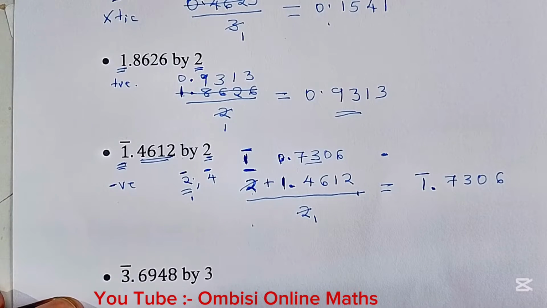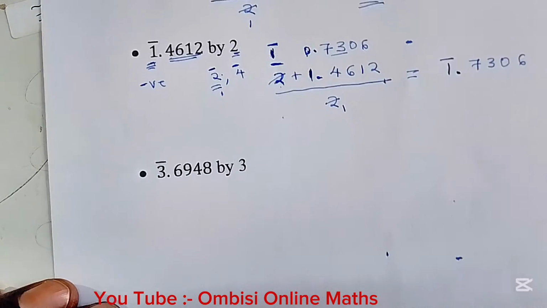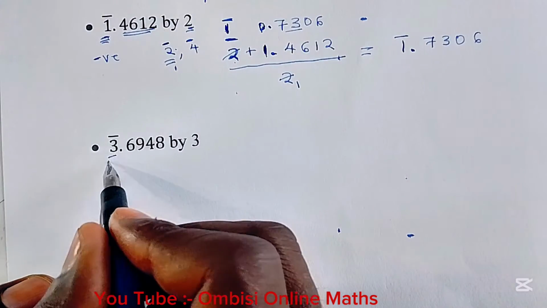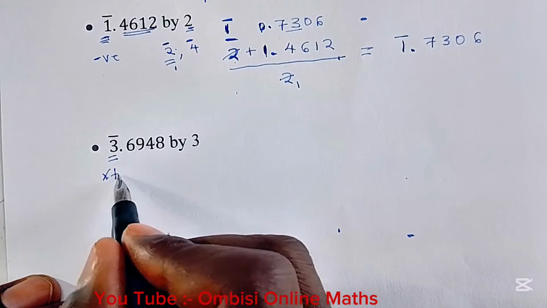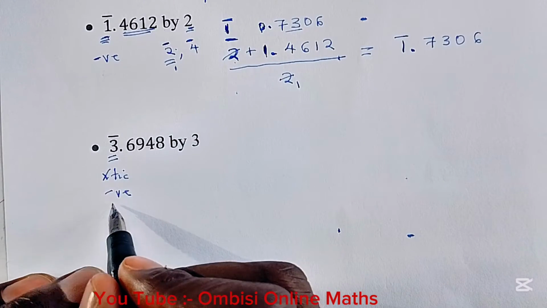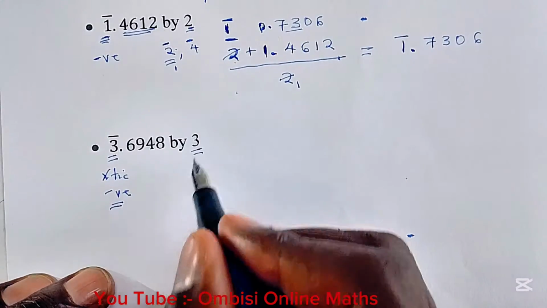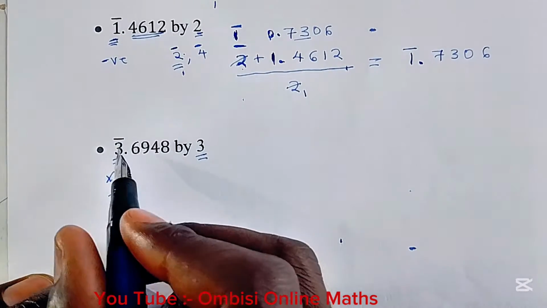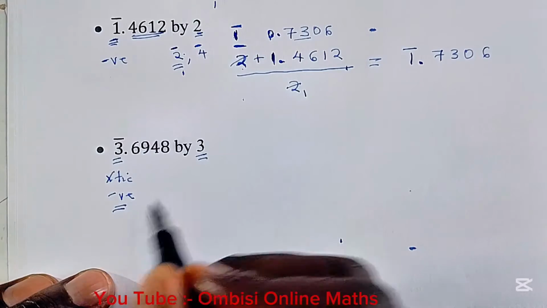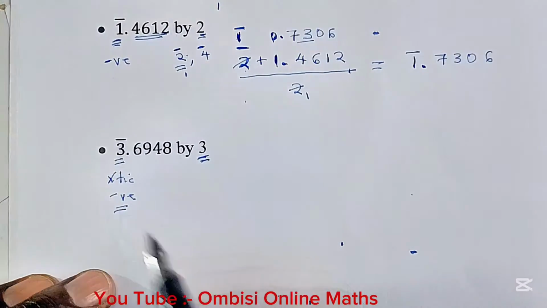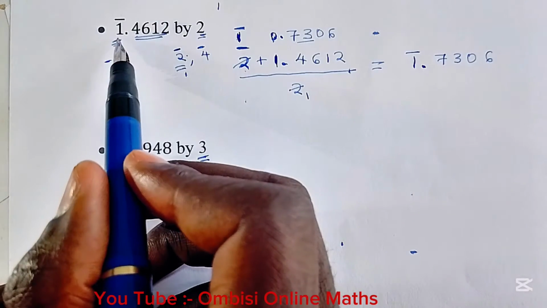Now let us look at another scenario whereby the characteristic is negative, but the negative is divisible by the number that is dividing it. So the characteristic in this particular place is divisible by 3. So there is no modifications we can do to it like we did here.